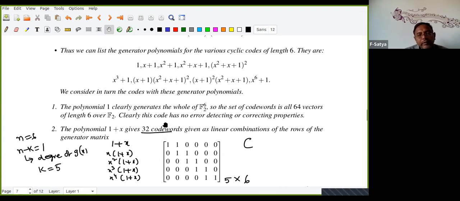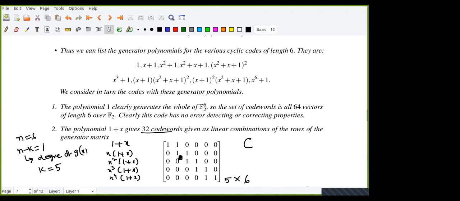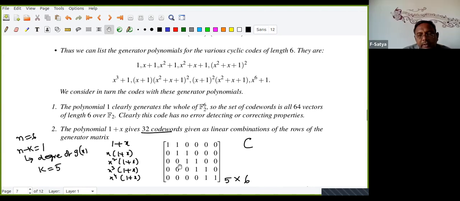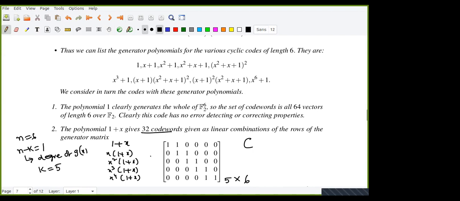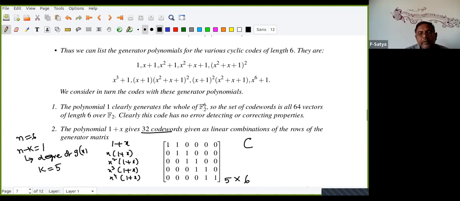In total, how many words will be there in F2 power 6? 64. These are 32. Can you figure out what this code is? The dimension of F2 power 6 is 6. The sum should be even. Wonderful, right? So it is actually a parity check code.